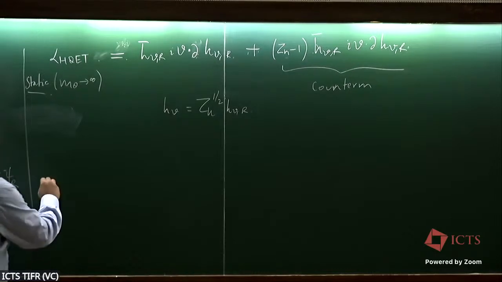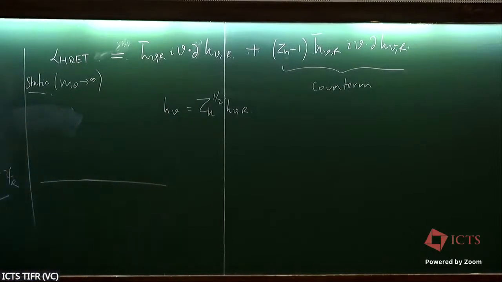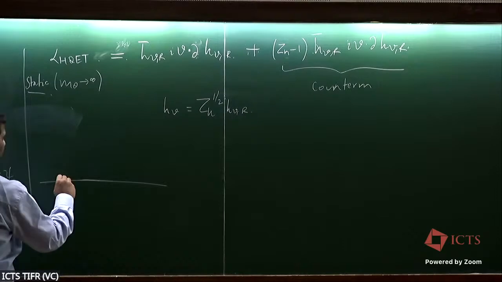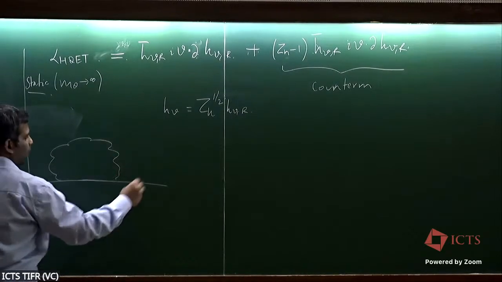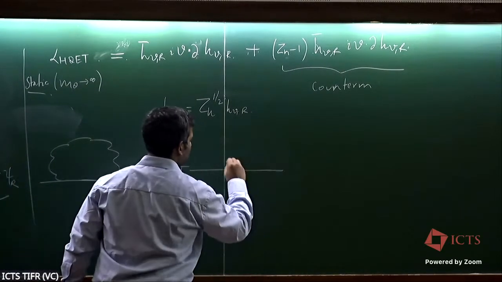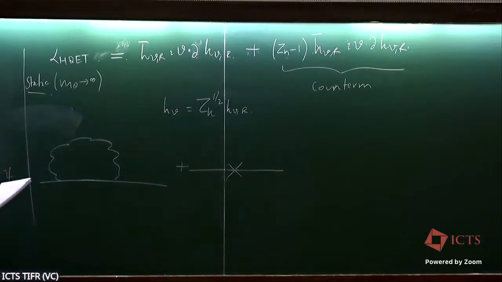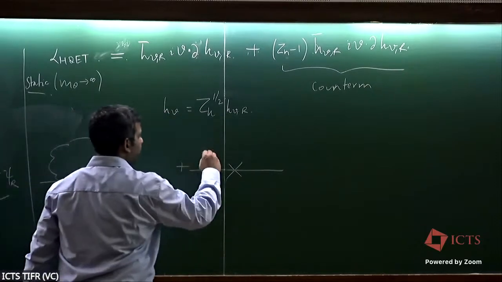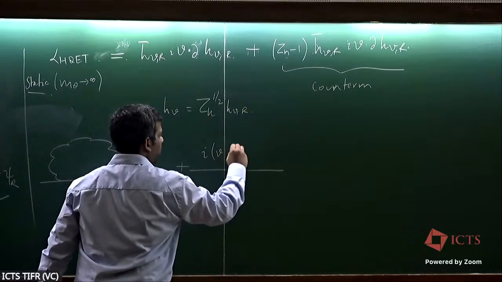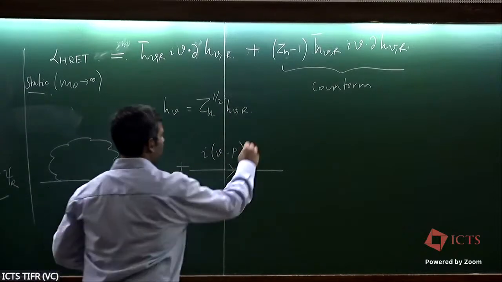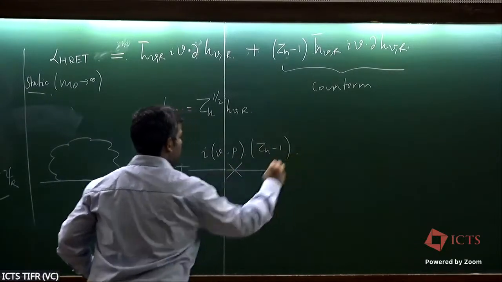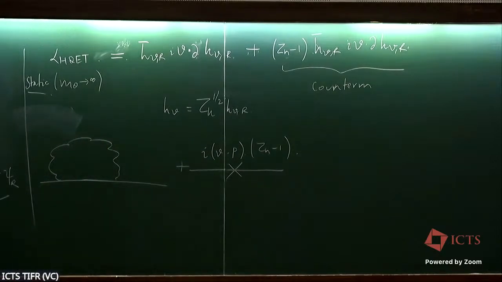So the diagrams that we are trying to compute here are these one loop diagrams in HQET. Where this is proportional to i v dot p times ZH minus 1, my counter term piece here.